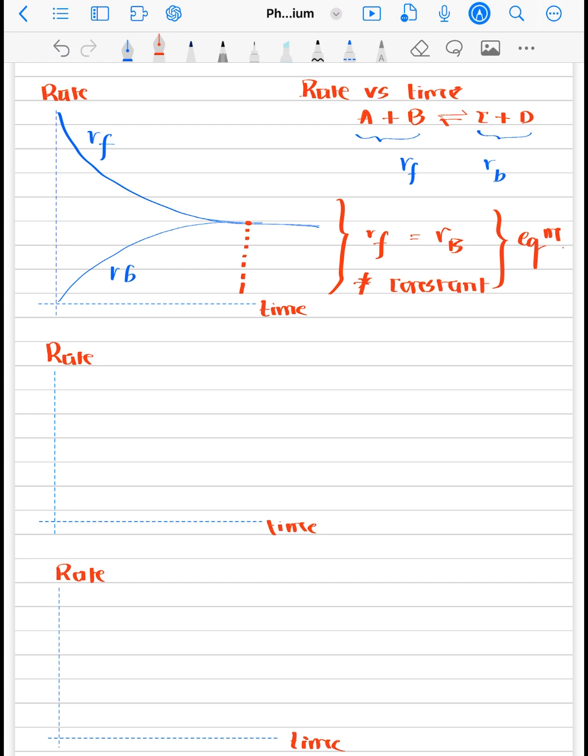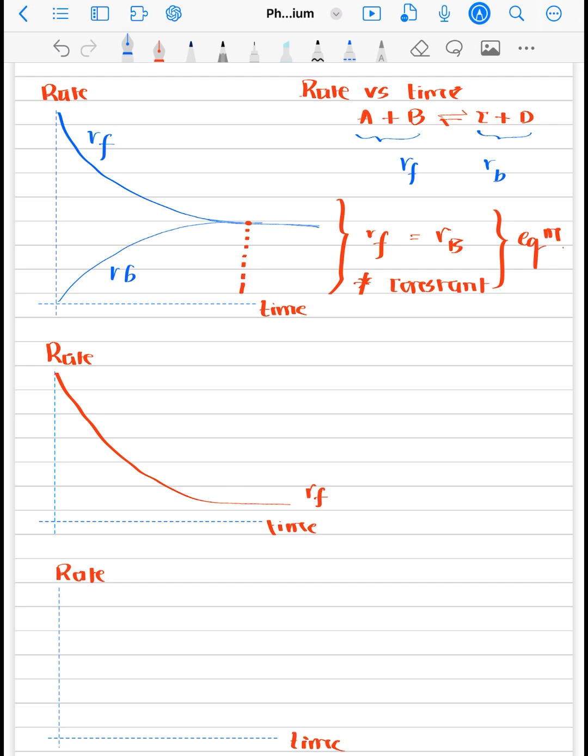On the other hand, there are another two types of graphs one would observe. As time passes by, the rate of reaction goes on decreasing, and after that of course it is going to become constant. Let's say this is RF.